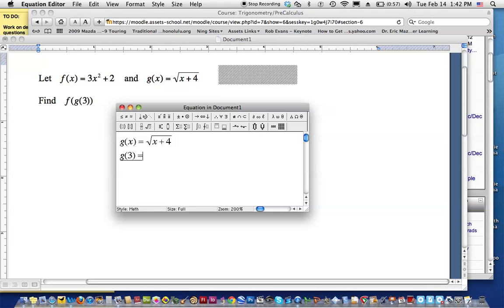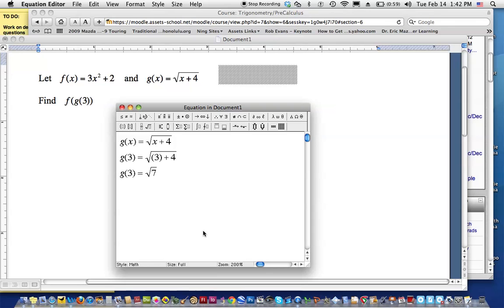And what that means is wherever there's an x in the function, I'm going to replace it with 3. So watch me do that here. I'm going to put 3 in for x and the 4 still remains. And so what I get as an answer to this is g of 3 equals the square root of 7. Okay, that's my answer so far.